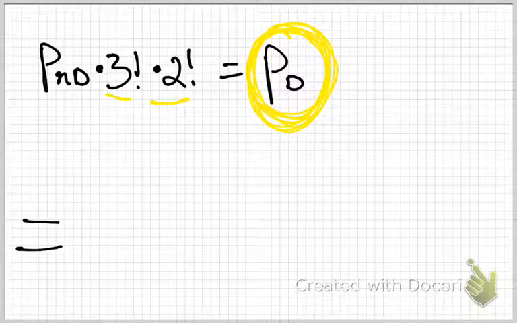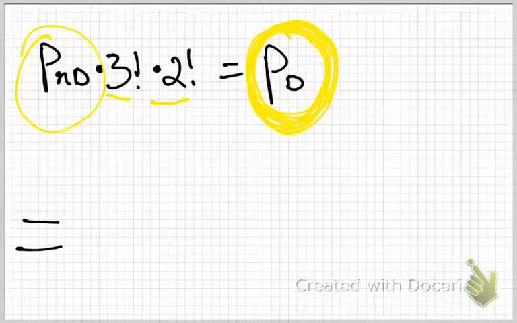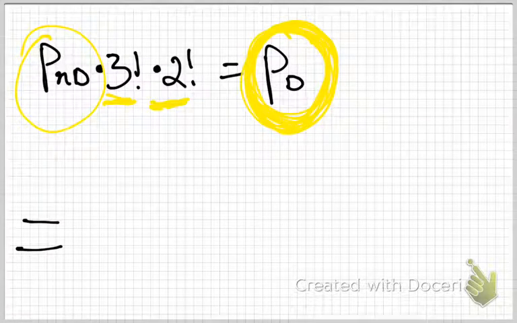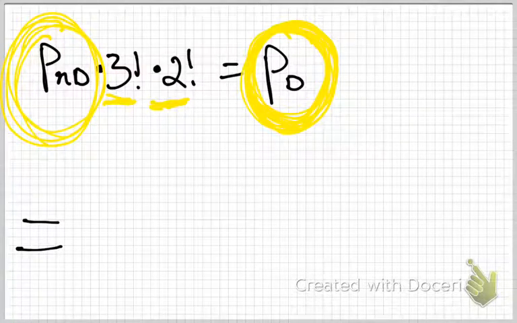This here is the permutations in which alike letters are distinguished. For each one of these, we produce 3 factorial times 2 factorial of these. That's why this here is equal to 3 factorial times 2 factorial times this.